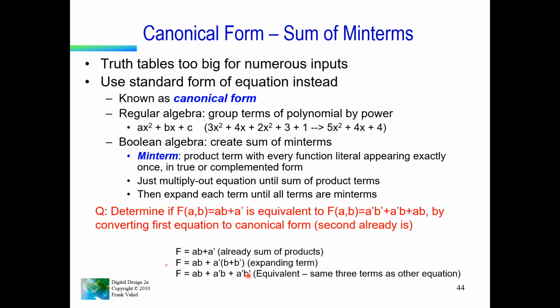So when we compare these two expressions, we see that ab's are same, a prime b's are same, a prime b primes are same. So we know that these two Boolean expressions are equivalent, as we converted both of them to the canonical form. This was already in canonical form, and we converted that equation to canonical form as shown here, and we see that they are equivalent.